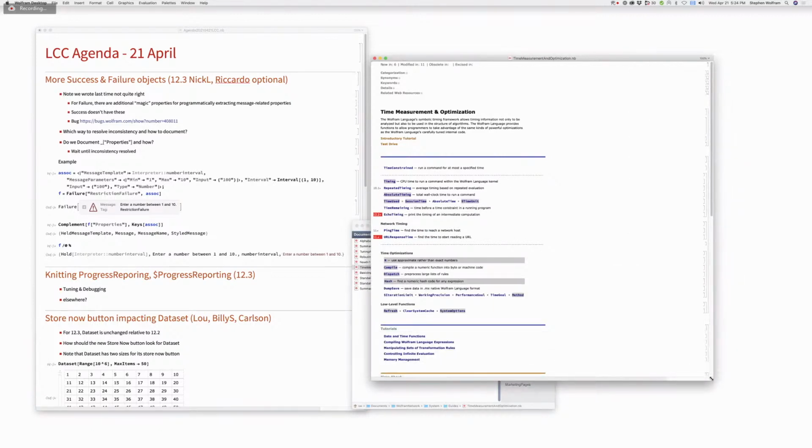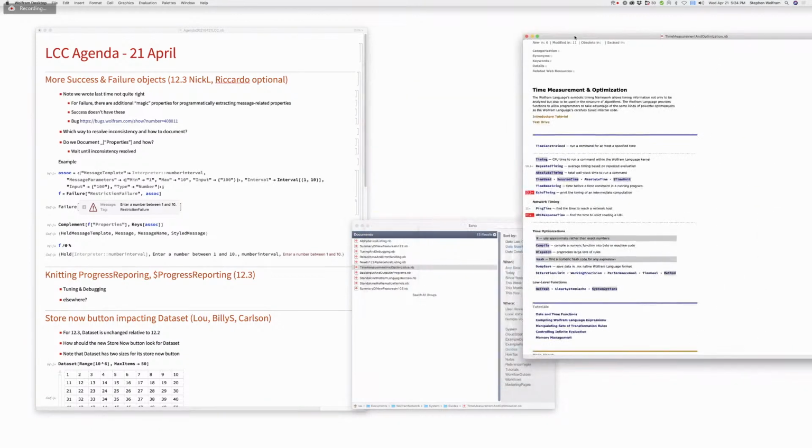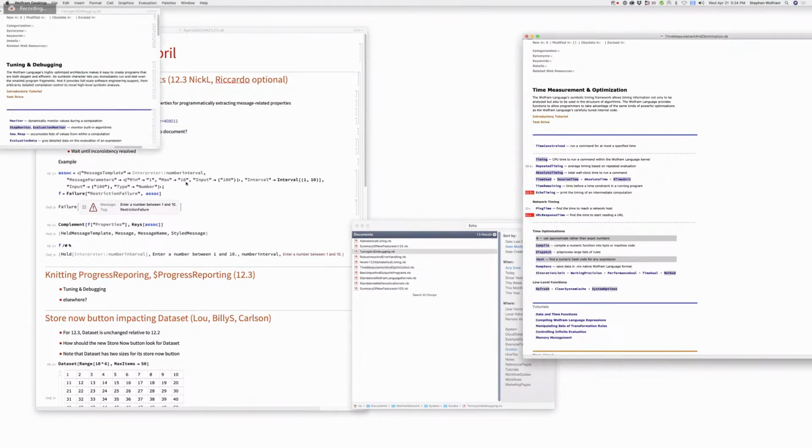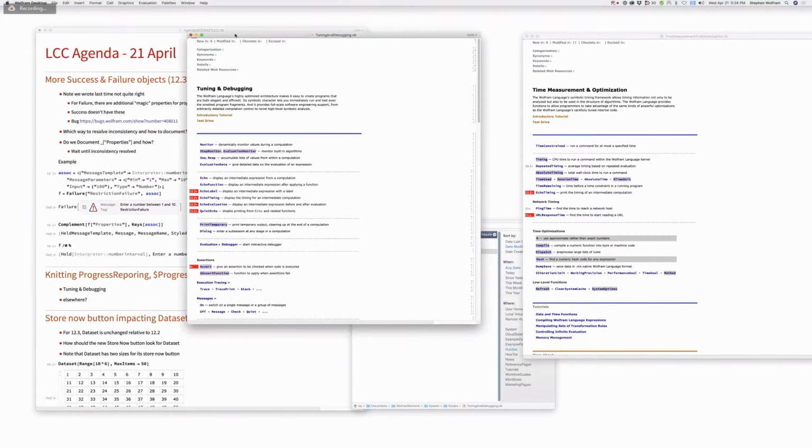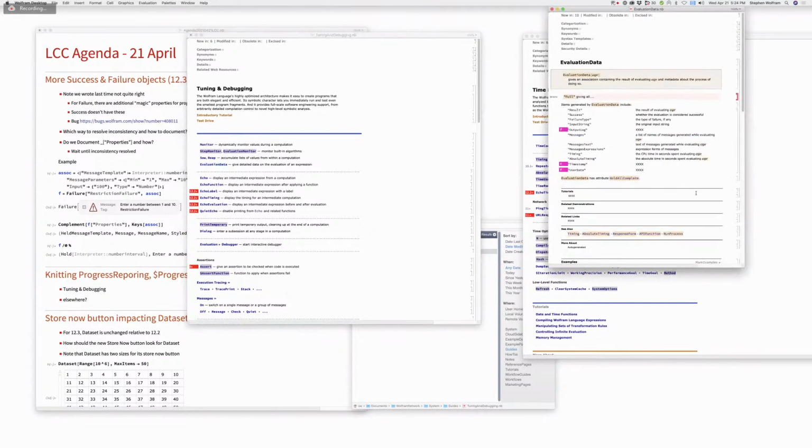Oh, wow. I did not even see that one when I was looking for symbols, but yes. Okay, tuning and debugging, you've got that one. By the way, this probably should have a link to dollar progress reporting.